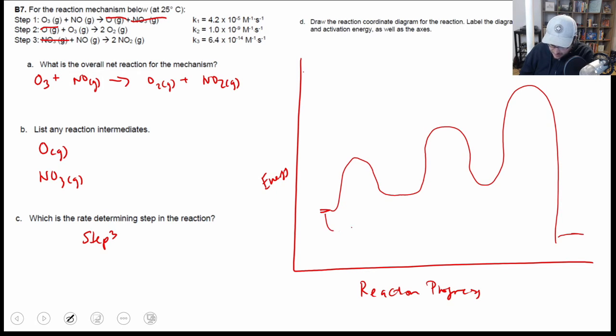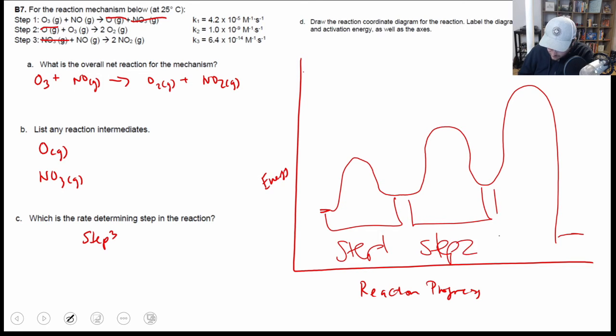This right here is the first step, this becomes step 2, and this becomes step 3. And step 3 should have the highest activation energy, so that energy should be the highest up there out of all of them, because it has the lowest rate.